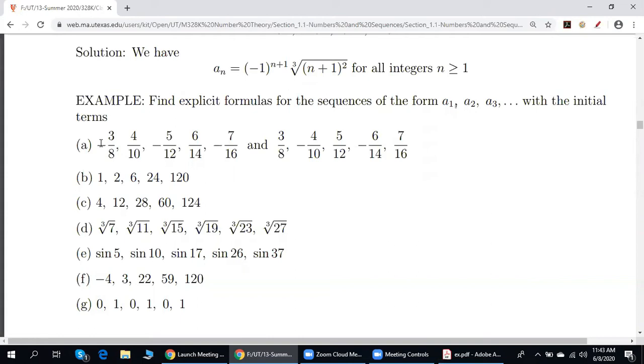You'd have to have k, not k plus 1. Absolutely. So here, in order to come up with alternating signs starting from negative, we raise -1 not to the power k plus 1, but to the power k.